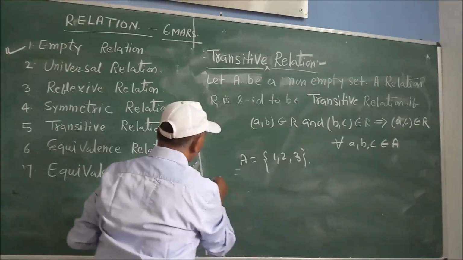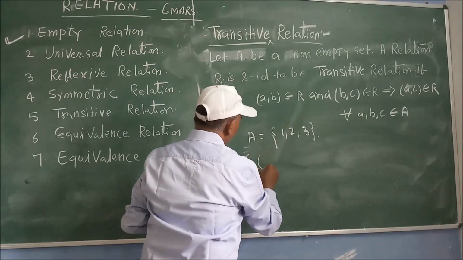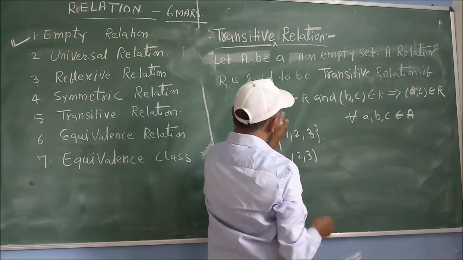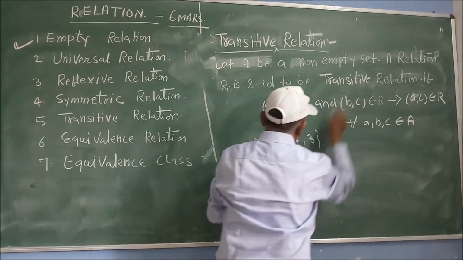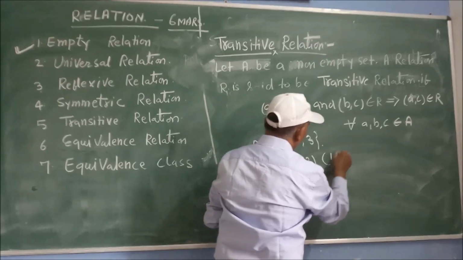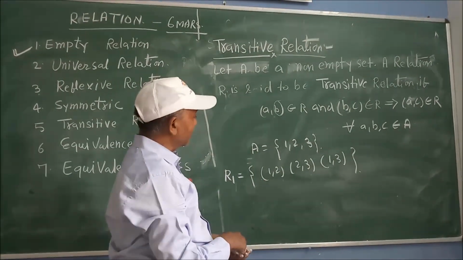Now we have to make a relation. Suppose I am going to make a relation R1. Its elements will be (1, 2), (2, 3). And see here, (a, b), (b, c). इसका सेकंड एलिमेंट है, इसका फर्स्ट एलिमेंट सेम है. यहाँ इसका सेकंड एलिमेंट है, इसका फर्स्ट एलिमेंट सेम है. And here is another one, (1, 3). So this is an example of a transitive relation.